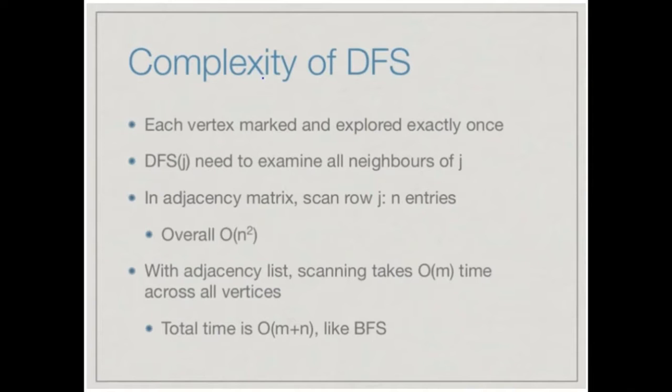So we'll look at the complexity of depth first search. As you can see, we have to go to each and every node once in a single iteration, and for each backtrack, that is every time we pop something out of the stack, we have to look at each and every neighbor.